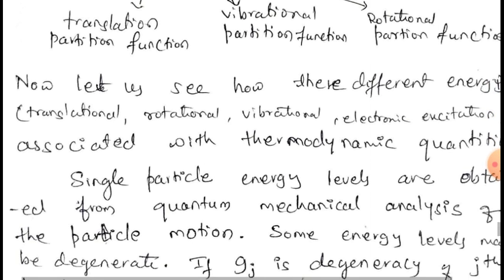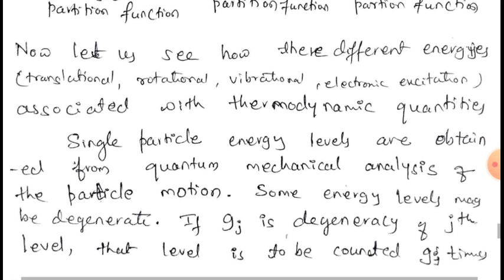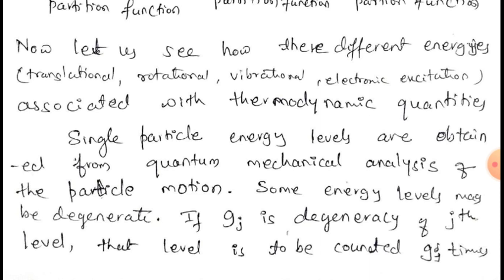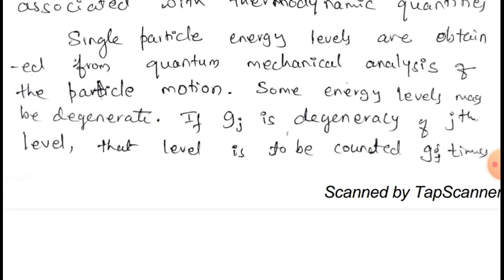Now let us see how these different energies are associated with thermodynamic quantities in the next section. Before that, single particle energy levels are obtained from quantum mechanical analysis of particle motion.